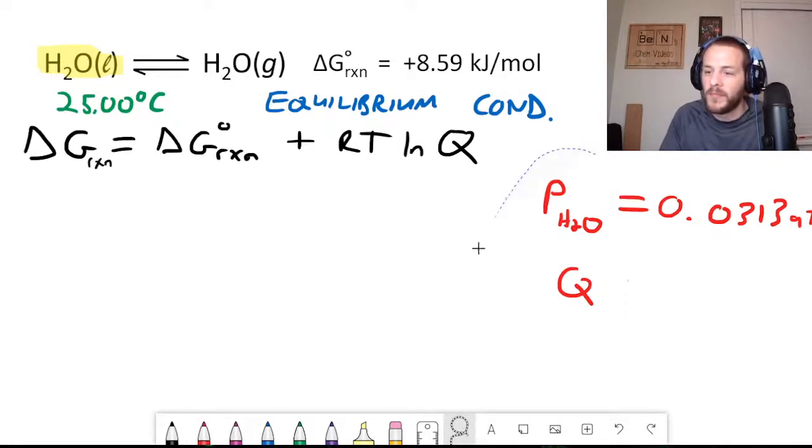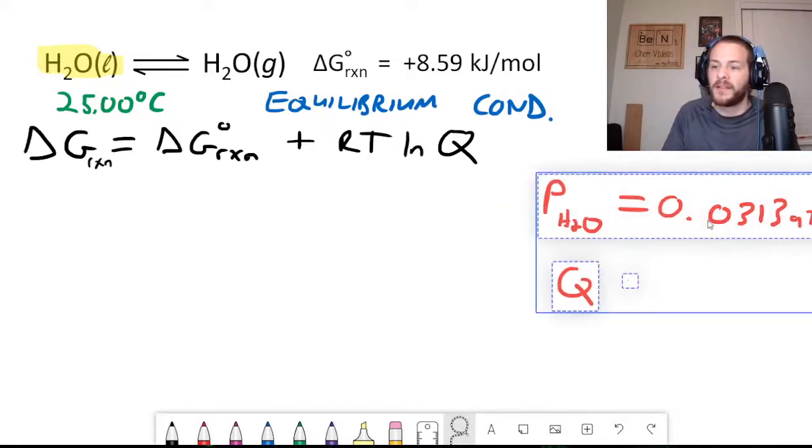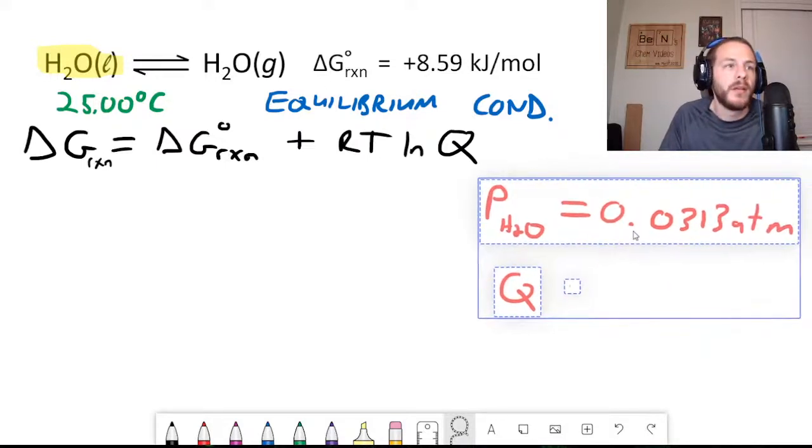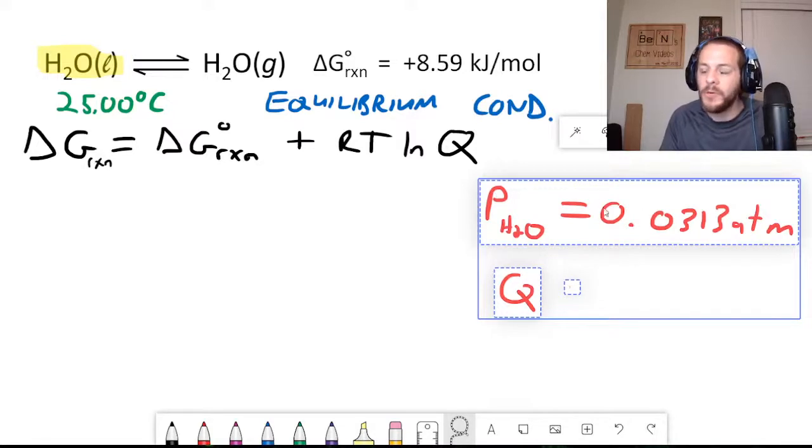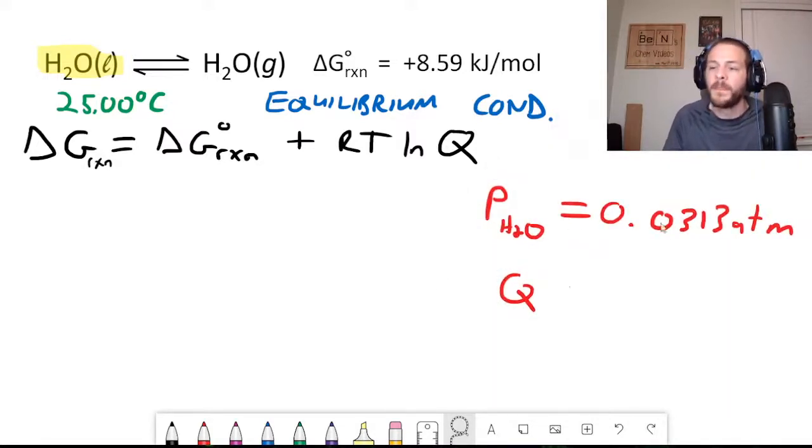It's just a simple fact relative to the nature of water. So at equilibrium conditions at 25 degrees Celsius, the pressure of that water vapor is going to be 0.0313 atmospheres. The pressure of the water vapor is much, much less than it is at standard conditions. So equilibrium conditions are definitely not the same thing as standard conditions.